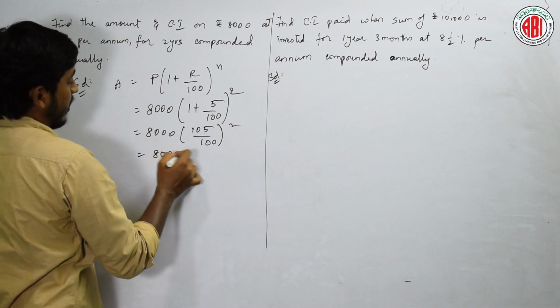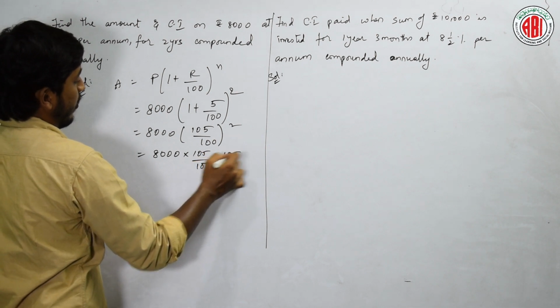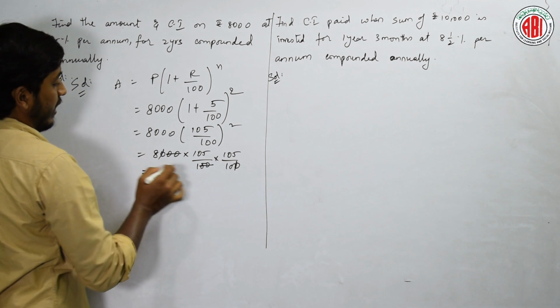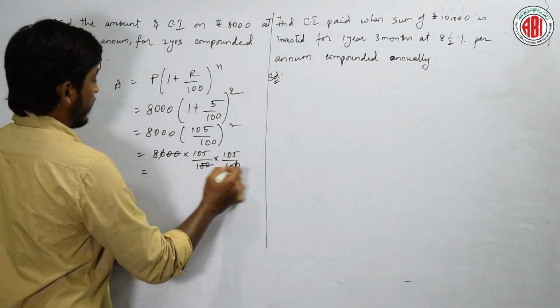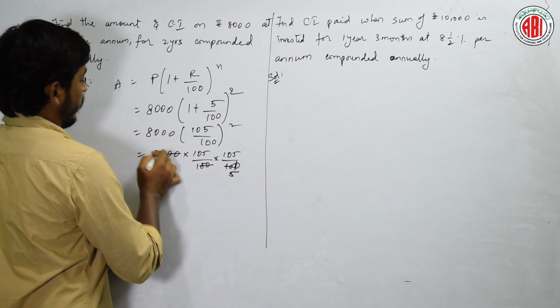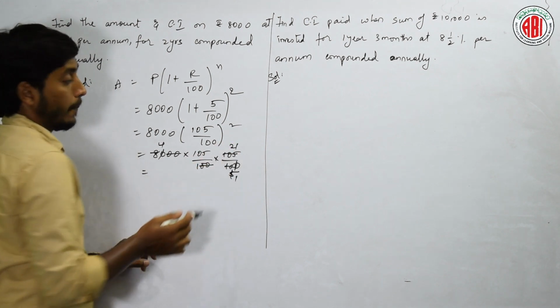That is 8,000 into 105 by 100 into 105 by 100. 2 zeros, 2 zeros, 1 0, 1 0 will get cancelled. Then you can write it as 4, 2 5s are, 2 4s are, 5 1s are, 5 21s are.